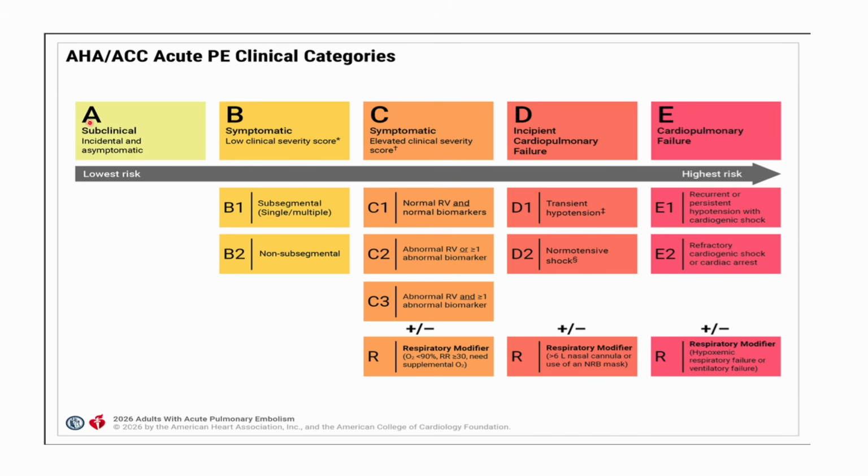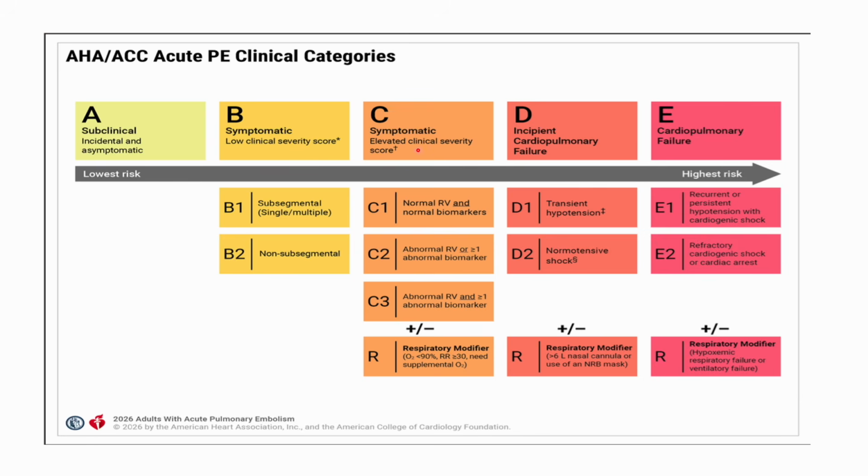Now, for category A, there is no subcategory, but for category B, symptomatic, there are two subcategories, B1 and B2. B1 is subsegmental, single or multiple emboli, and B2 is non-subsegmental. Category C is divided into three categories based on RV function.